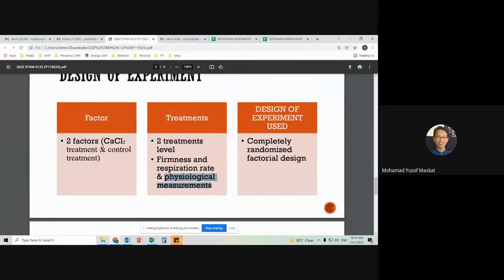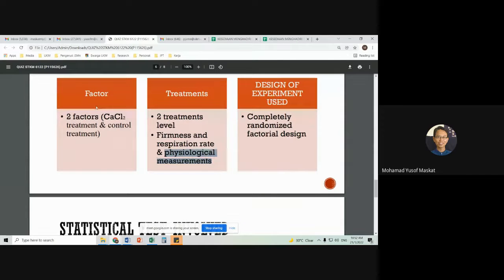So for this particular study, it should be a one factor experiment with two treatments, that is control and also calcium chloride, with 3 responses, that is firmness, respiration rate, and physiological measurements.